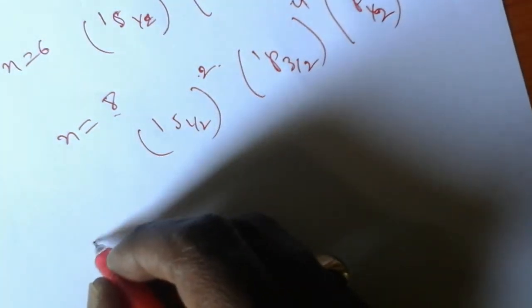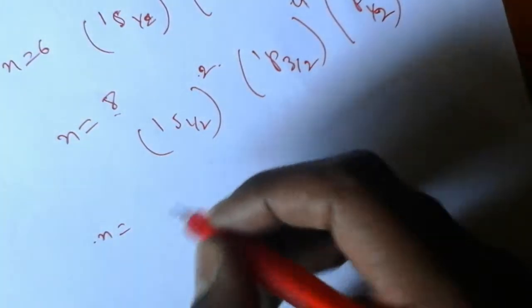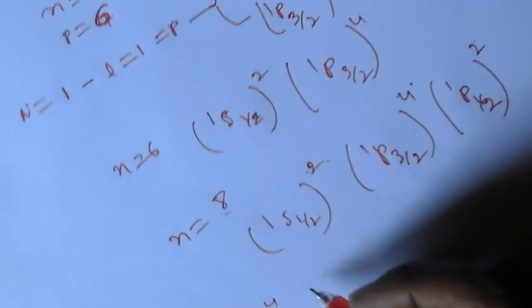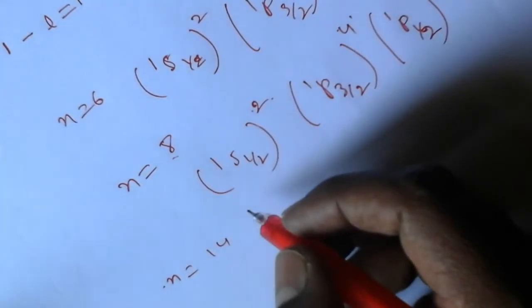So 8 you can get. Now next we can take n is equal to 14.